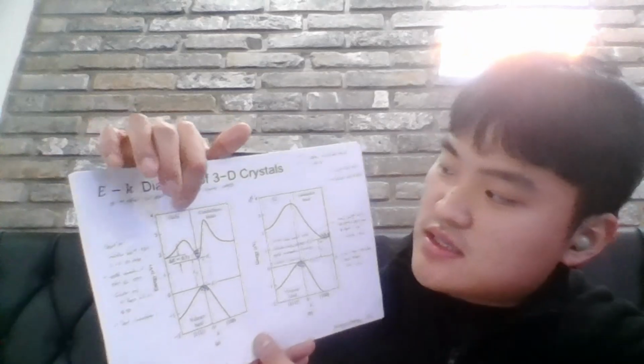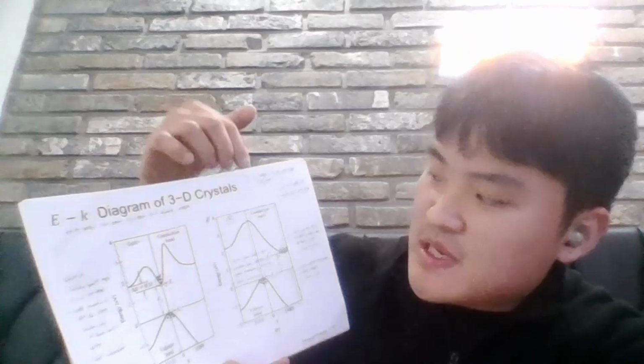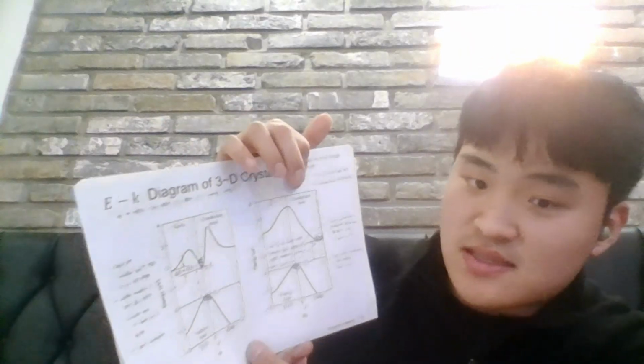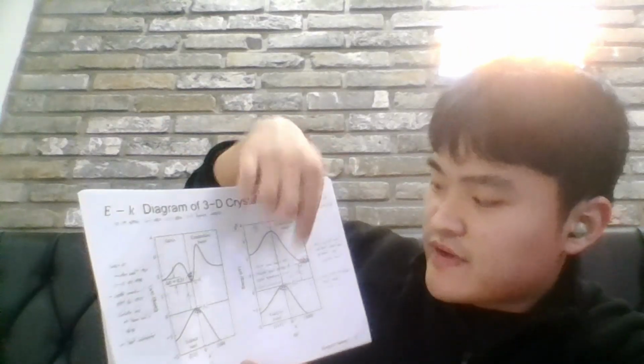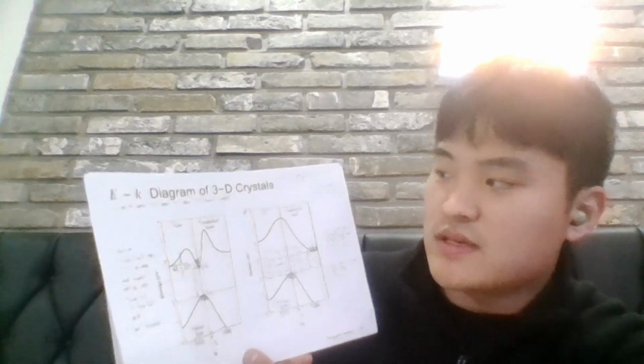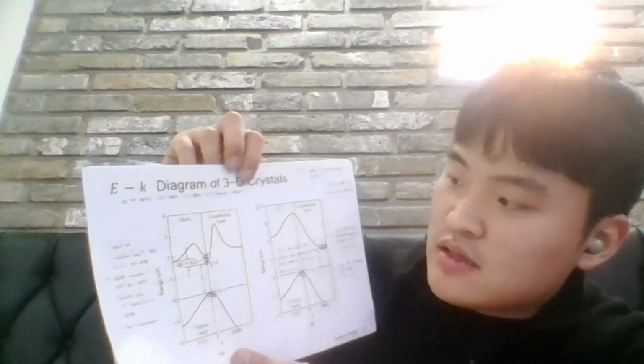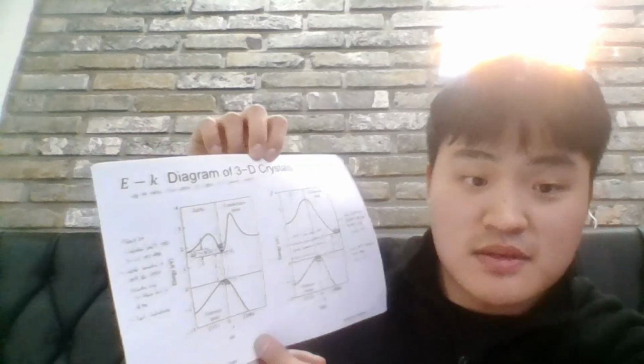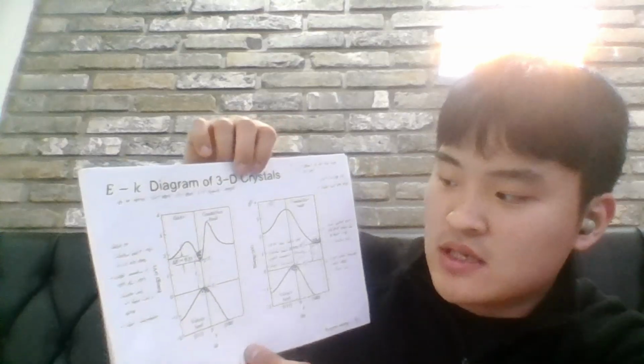The left one is gallium arsenide's conduction band and valence band, and the right one is silicon's conduction band and valence band. As you can see, the conduction band and the valence band's edges are at the same point in this energy band diagram.